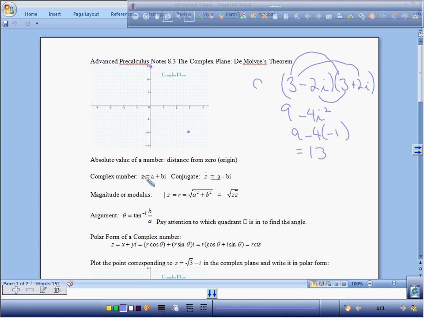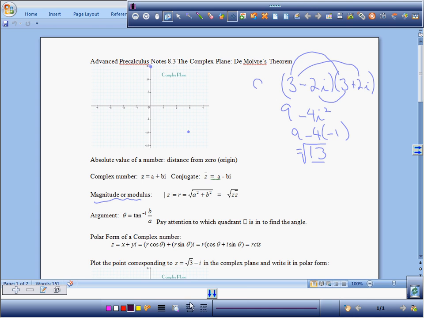When you multiply a complex number by its conjugate, and this little bar on top means conjugate, you get a real number. If I take the square root of that real number, that gives me the magnitude or the modulus of that complex number. It also represents the radius of that point if I were going to graph it in polar coordinates.